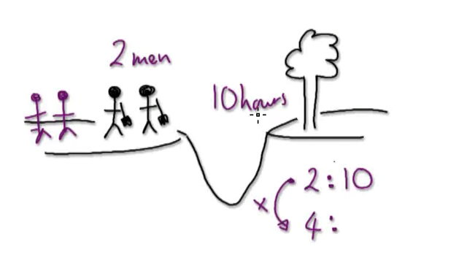If it takes 10 hours for 2 men to dig this hole, then if you increase the number of men, it would take half the time. If you double the amount of people digging this hole, you're going to halve the time.